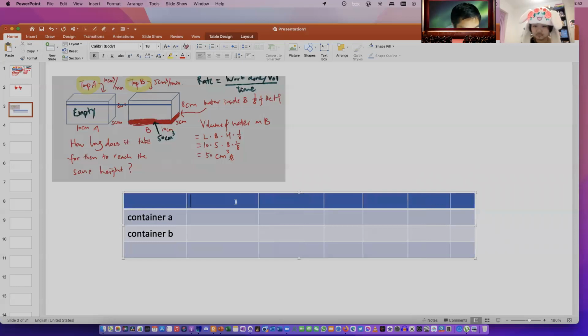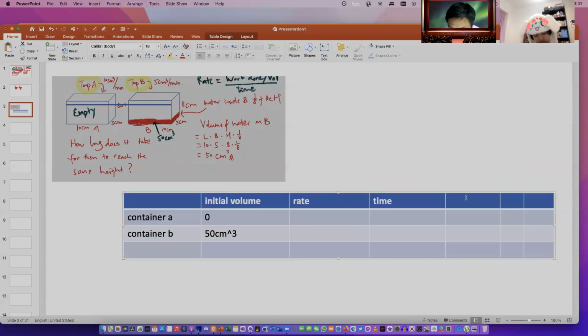But anyway, thank you. So first, I have container A and container B, and this is called the initial volume. For container A, initial volume is 0. For B is 50 cm cube. Then over here, I write down the rates, over here the time, and here the volume.